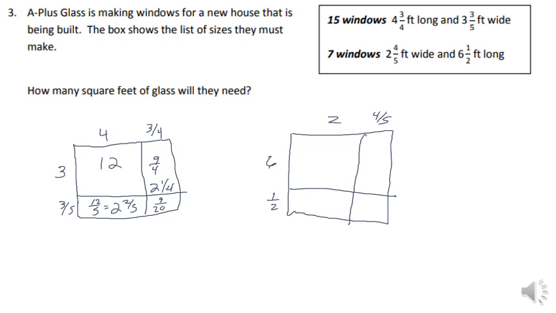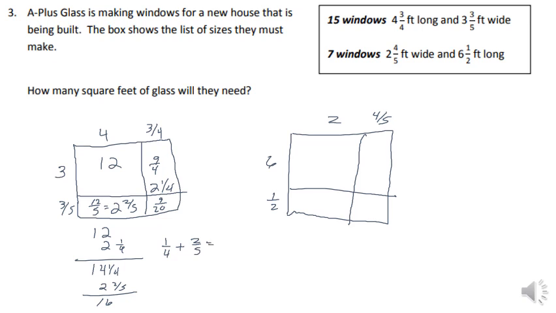So when we add these up, I've got 12 and 2 1/4, which is going to give us 14 1/4. And then we have 2 2/5, which is going to give us 16. And we know 1/4 plus 2/5, they have a common denominator of 20.